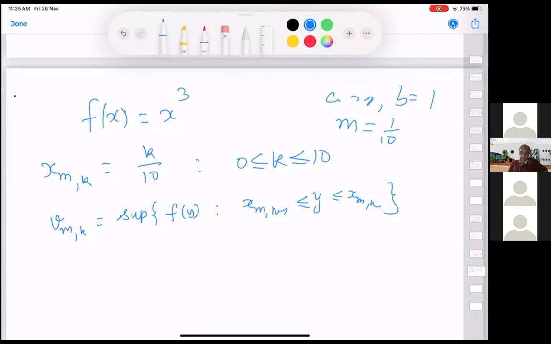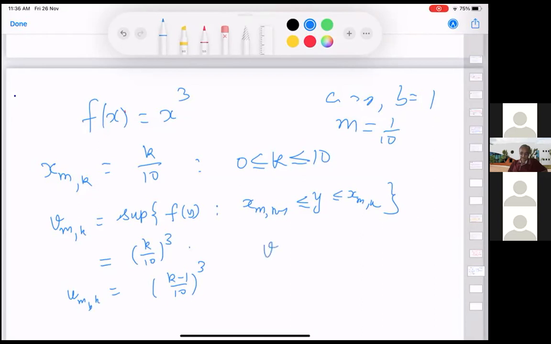So, in this case, since it's an increasing function, VMK will be simply the value at the upper end point. Upper end point is (k by 10) cube. The lower bound will be the value at the lower end point. It will be ((k minus 1) by 10) cube.